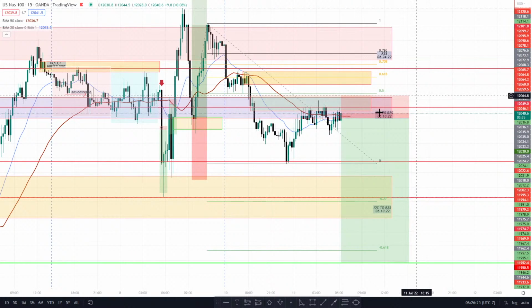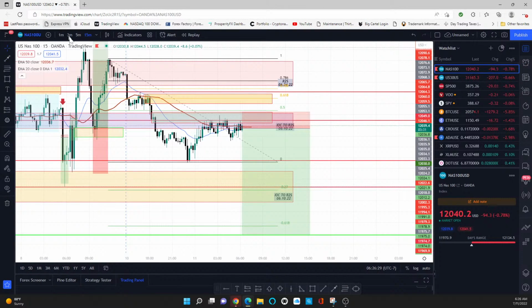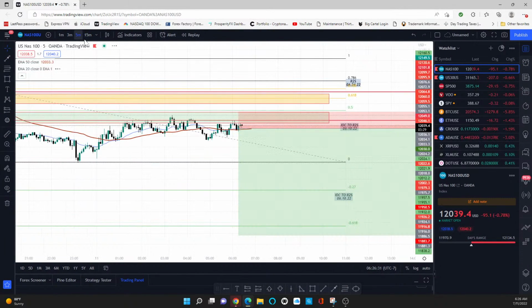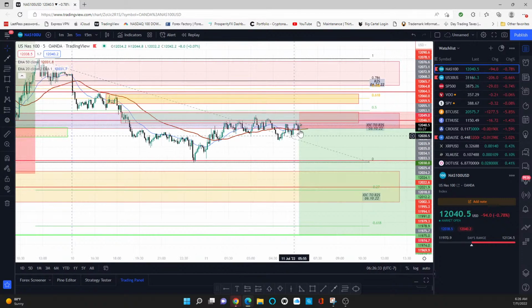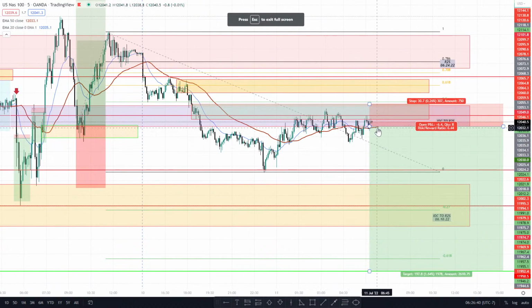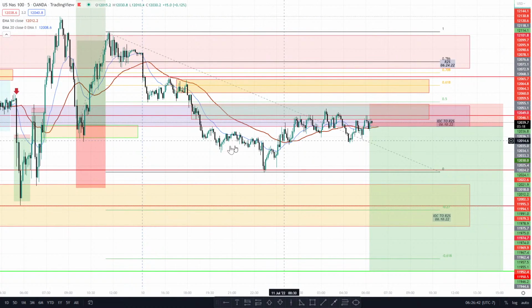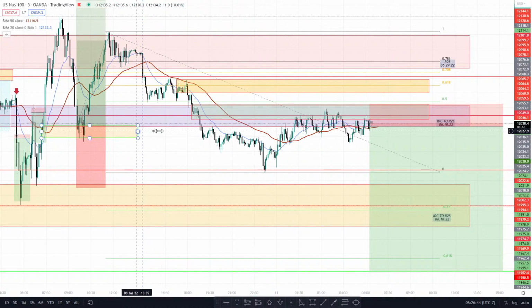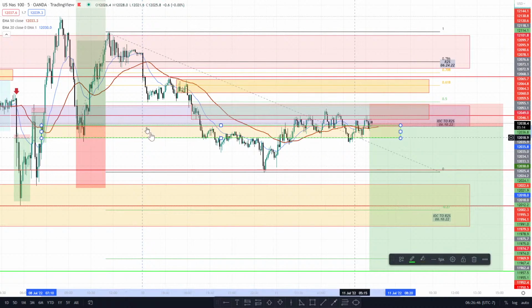All right, let me see how the 5 minutes is looking right now. You see how the 5 minutes is finishing up. I'll be looking mainly here to see how it finishes, and we'll take it from there, because you can see it still respecting this ILC.